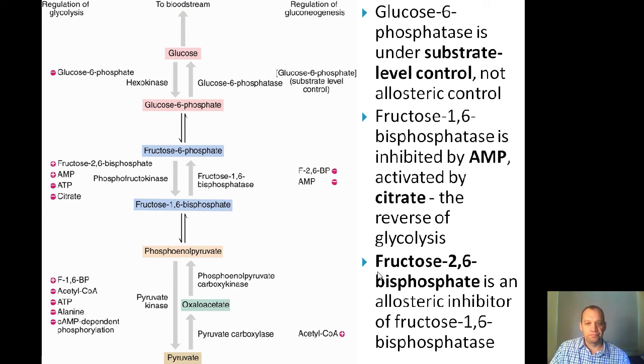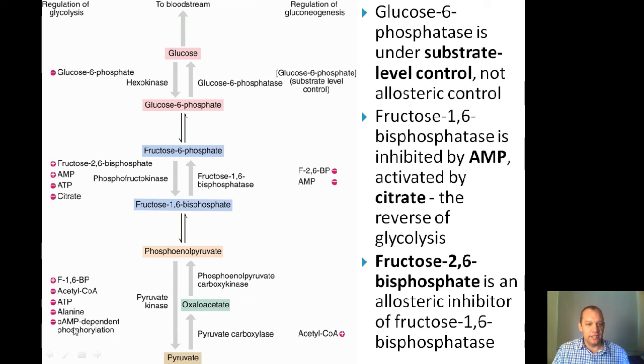So this just reiterates that fructose 2,6-bisphosphate is an allosteric activator of the PFK and inhibitor of the 1,6-bisphosphatase, the bypass reaction. And then finally, the pyruvate kinase. We've said it's a substrate for cAMP-dependent phosphorylation, which would help to switch off the activity of the kinase and thereby switch off glycolysis to some degree.